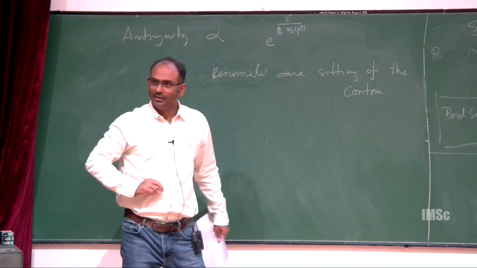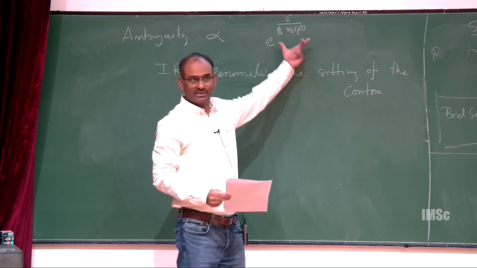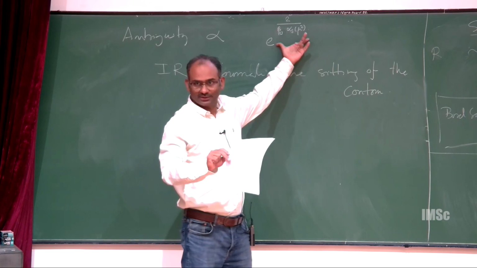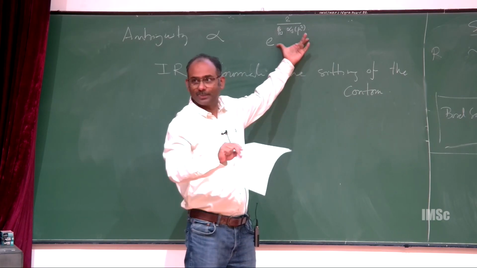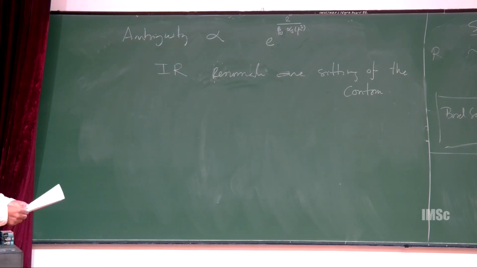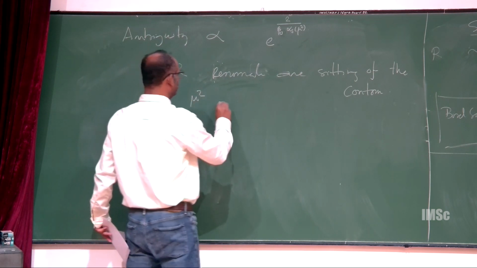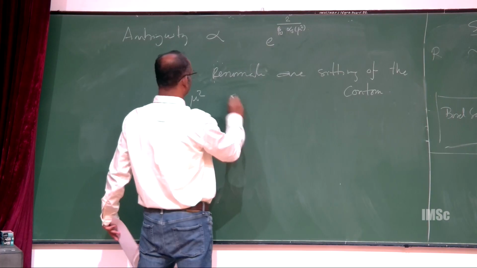Which means they are going to give you ambiguities of this kind. These ambiguities are coming from there, not from the UV ones, because for UV you do not need to indent. Okay, good. Now let me choose the scale mu square, the renormalization scale, of the order of Q.